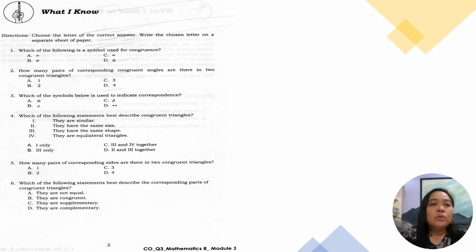I want you to answer pages 2 to 4 of your SLM, the What I Know. This is a pre-assessment test. Your scores here will not affect your grade. All we need to know is whether you have an inner knowledge or skills about triangle congruence.